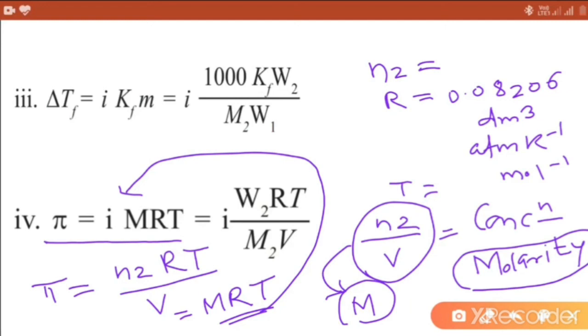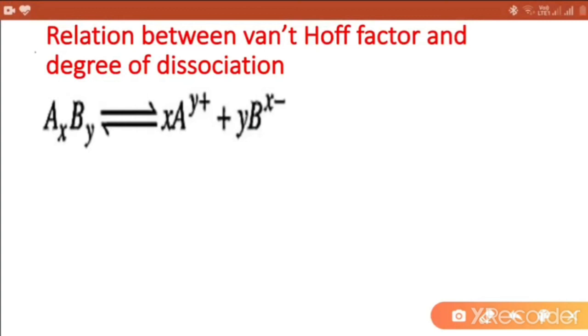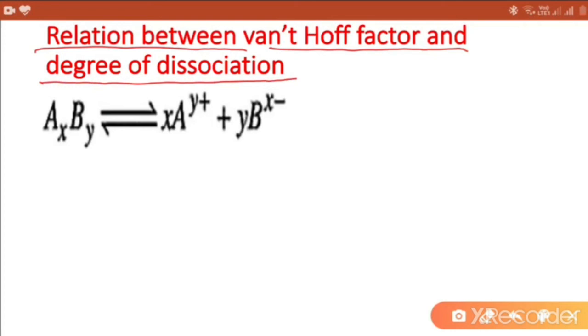Now the relation between Van't Hoff factor and degree of dissociation. When we consider an electrolyte A with subscript x, B with subscript y, in the aqueous solution it gives cation and anion.